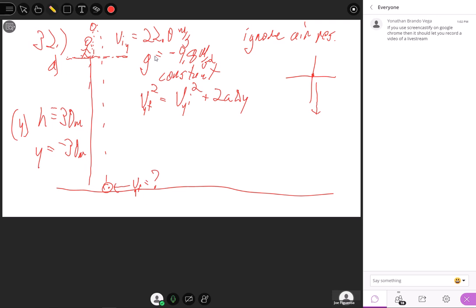Okay? So solve for the final velocity. Well, we know it's going to be the square root of all of that right there, right? And by the way, that's v initial in the y squared plus, now watch, 2 times a negative 9.8 meters per second squared times a negative 30.